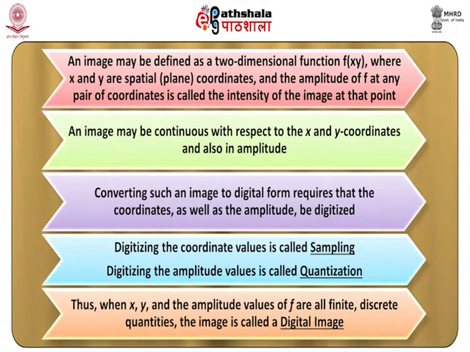Converting such an image to digital form requires that the coordinates as well as the amplitude be digitized. Digitizing the coordinate values is called sampling. Digitizing the amplitude values is called quantization. Thus, when x and y and the amplitude values of f are all finite, discrete quantities, we call the image a digital image or a digitized image.